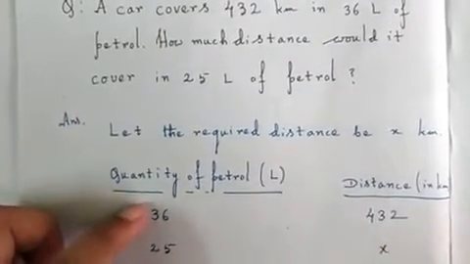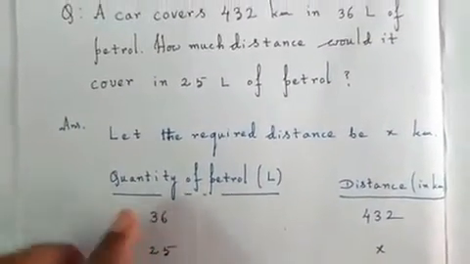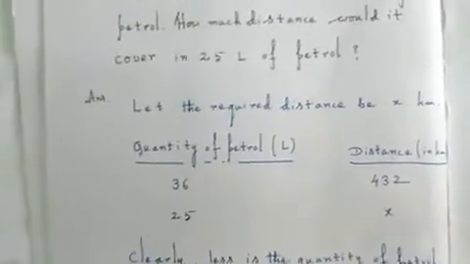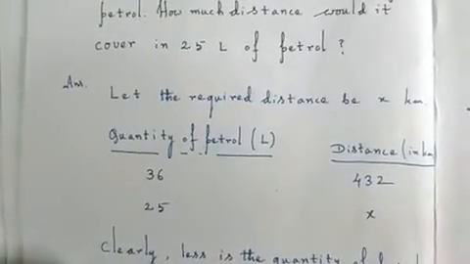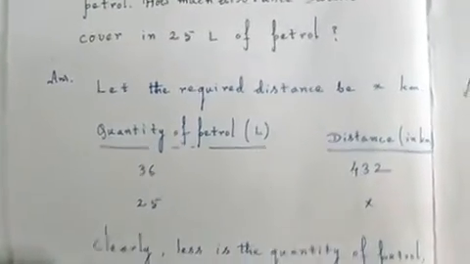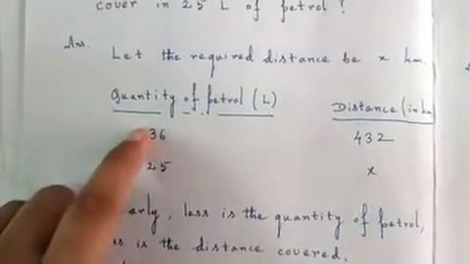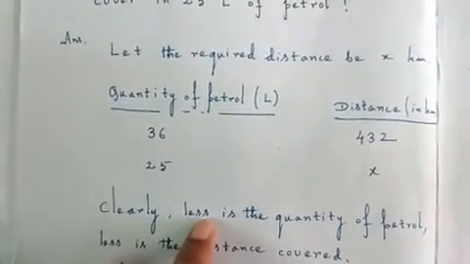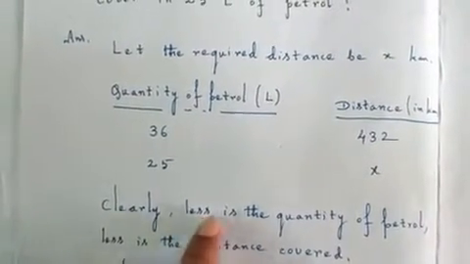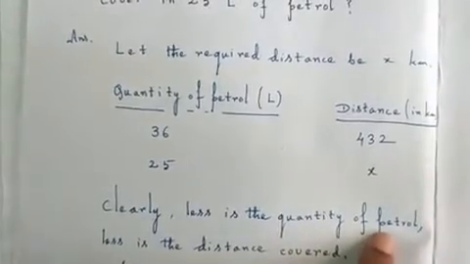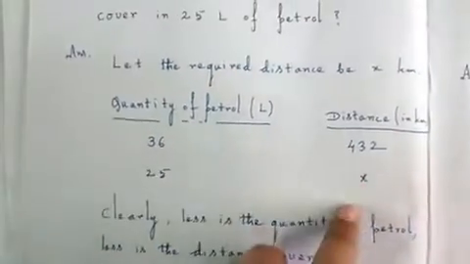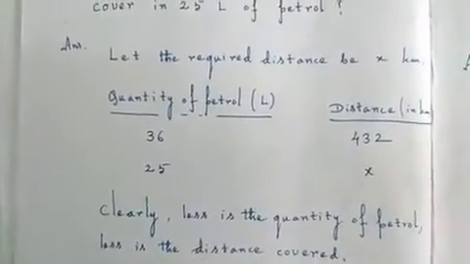This is also decreasing, 36 to 25. So both of the physical quantities are decreasing, so it's a case of direct variation. So clearly when this is decreasing, we will use the word less. Less is the quantity of petrol, less is the distance covered.